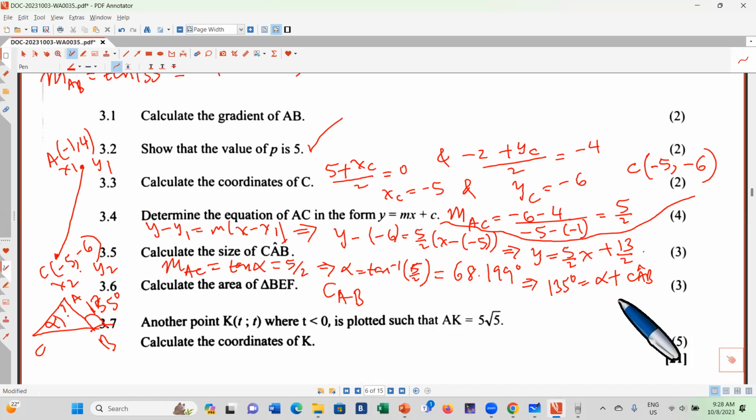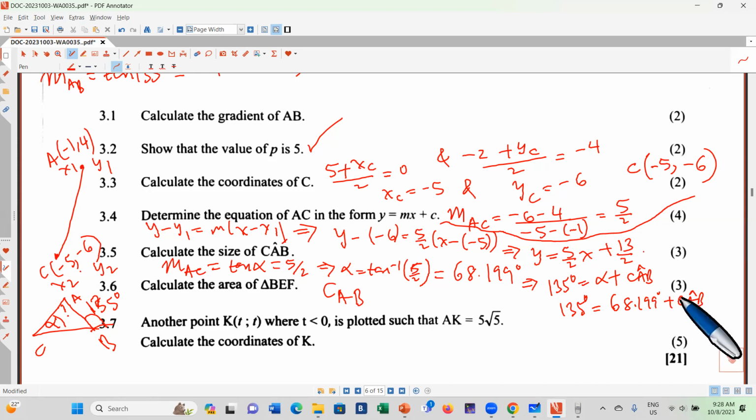What is alpha? Alpha is 68.199 degrees, plus CAB, like this.